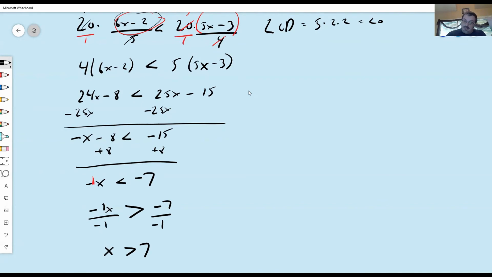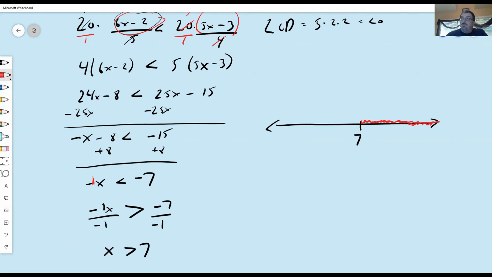either graph on a number line, so here's our number line. Place your 7 on here, put 7 right there. And x is greater, so that's all the values that are bigger than 7, so everything this way.